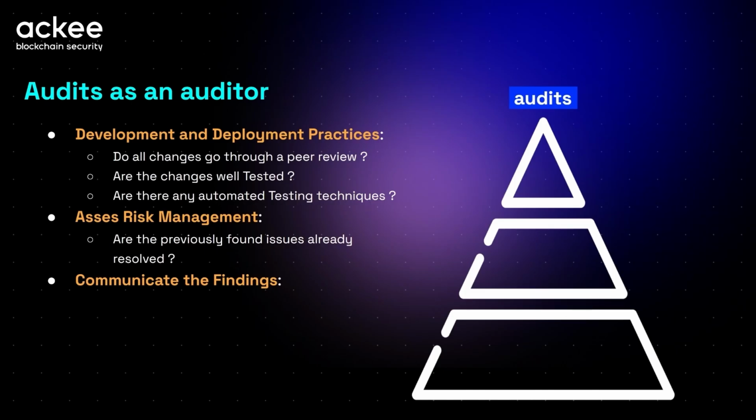Do not communicate the security issues with others. Maybe share it with your team members, but do not write on Twitter that you found a security risk in this protocol, in this smart contract, and the security risk can result in this much assets stolen. Be responsible and communicate the issues only with the team or protocol members.